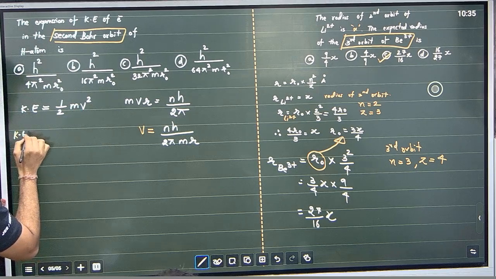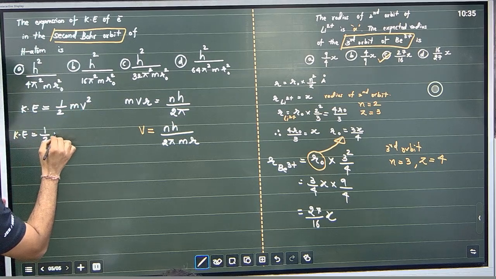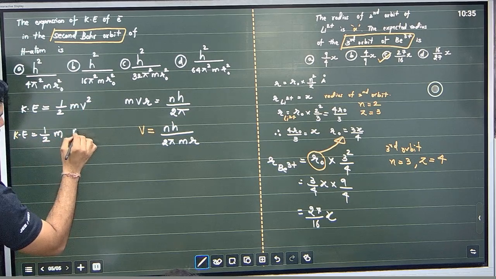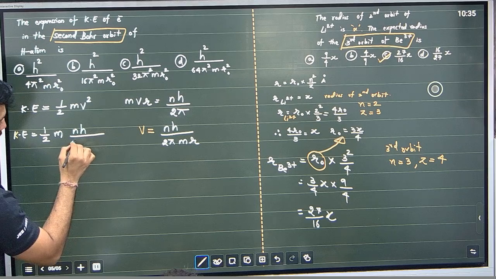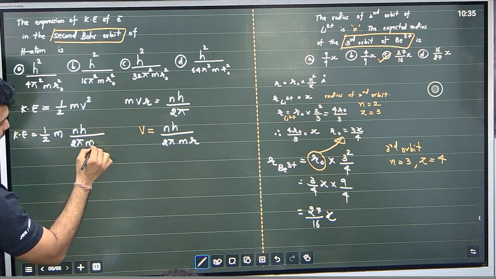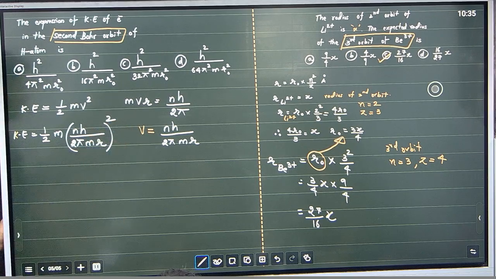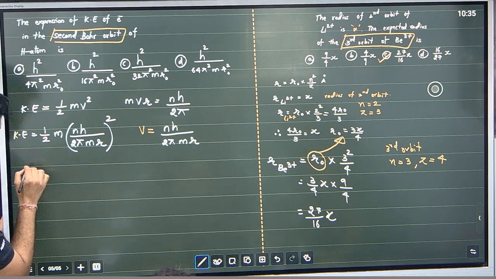Kinetic energy as half m into nh over 2 pi m r, the whole square. With me till here? Let's square it.